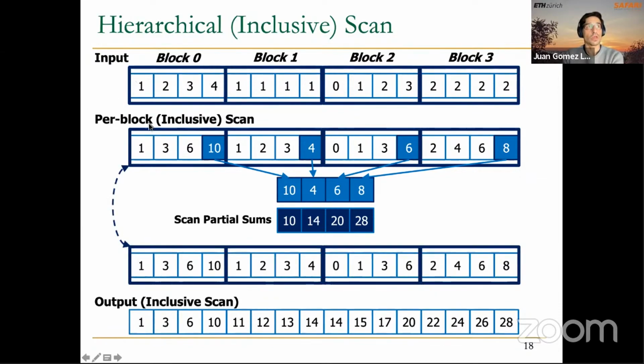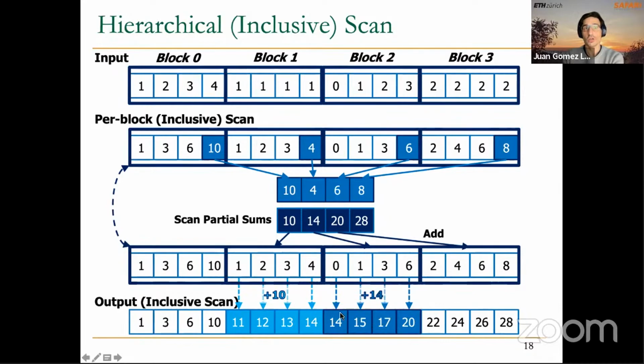So now we take again the array that we generated before in the first step, this array of per block inclusive scan, and we add the corresponding elements as if they were an offset to all the elements of each of the chunks. So here, to these 4 elements, we add 10 and we obtain the final result. Here we add 14 and we obtain the corresponding final result. And here we add 20 and obtain the corresponding final results, right? Is that clear? Are there any questions so far?